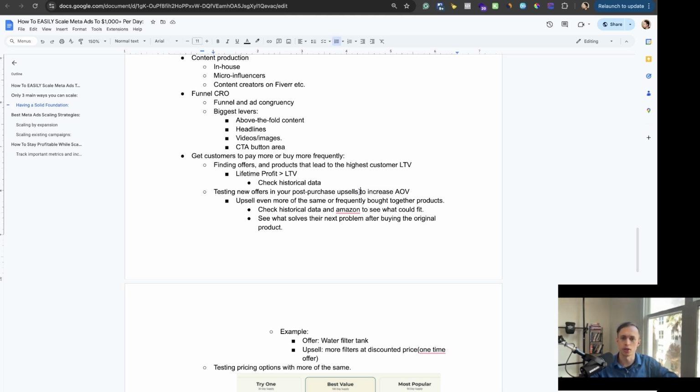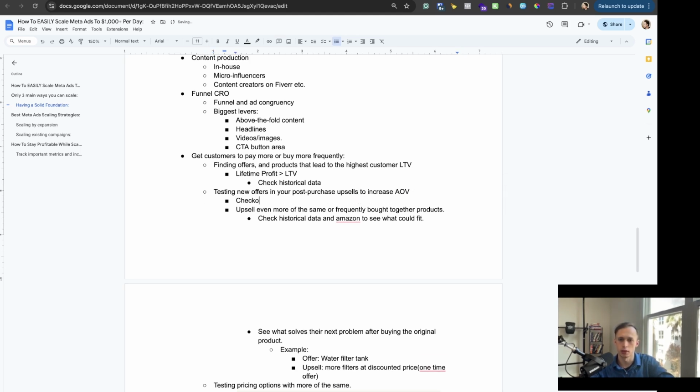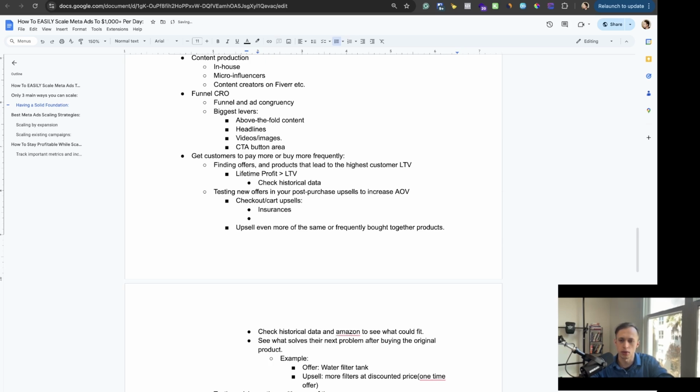Add to cart upsells work pretty well, or checkout cart upsells. So maybe things like insurance or slight product improvements. And upsells could be more of the same product.